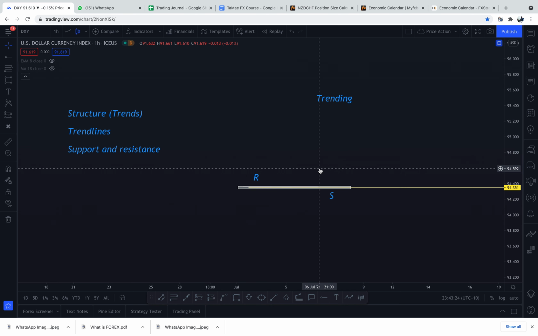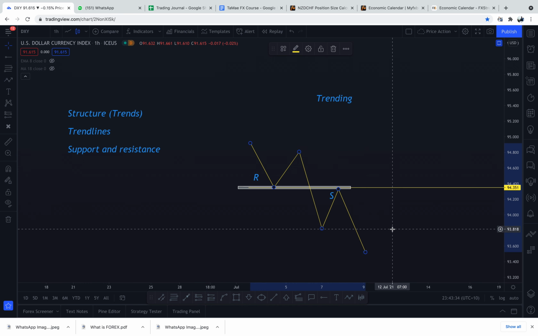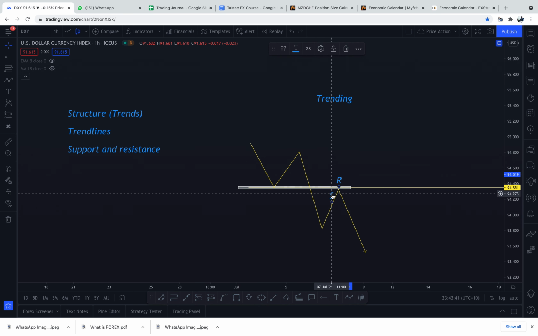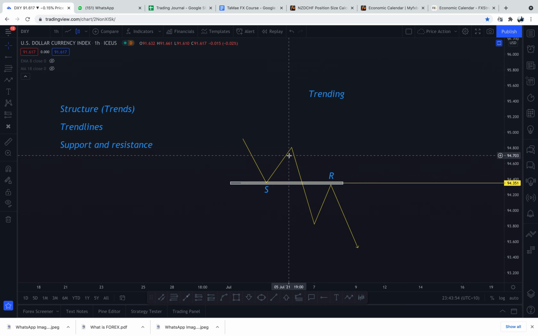If it's a downtrend like that, it goes up, touches here and goes down. Now price is finding resistance here and has come to support there. In a downtrend, this becomes a support, and when it breaks it, this becomes resistance. It's the same concept.